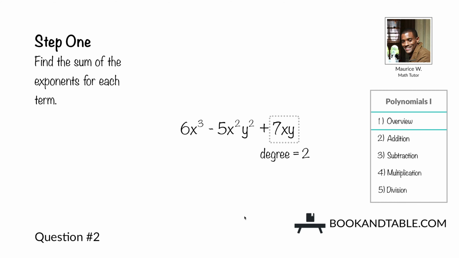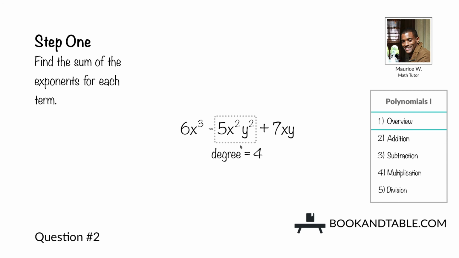Question number 2. We were given the polynomial 6x to the third minus 5x squared y squared plus 7xy. So let's find the degree of each term. We have 7xy. So the sum of the exponents would be equal to 1 plus 1, which is 2. So the degree of 7xy is equal to 2. Then we have 5x squared y squared.